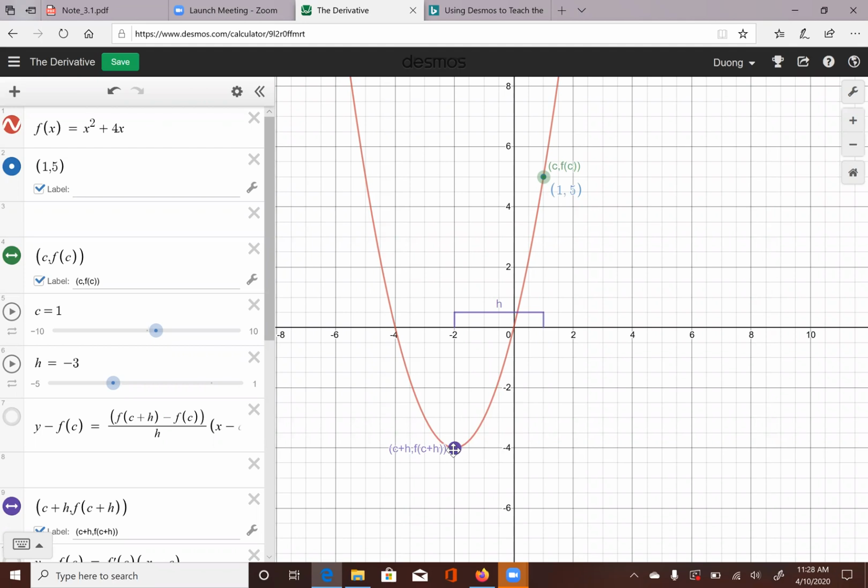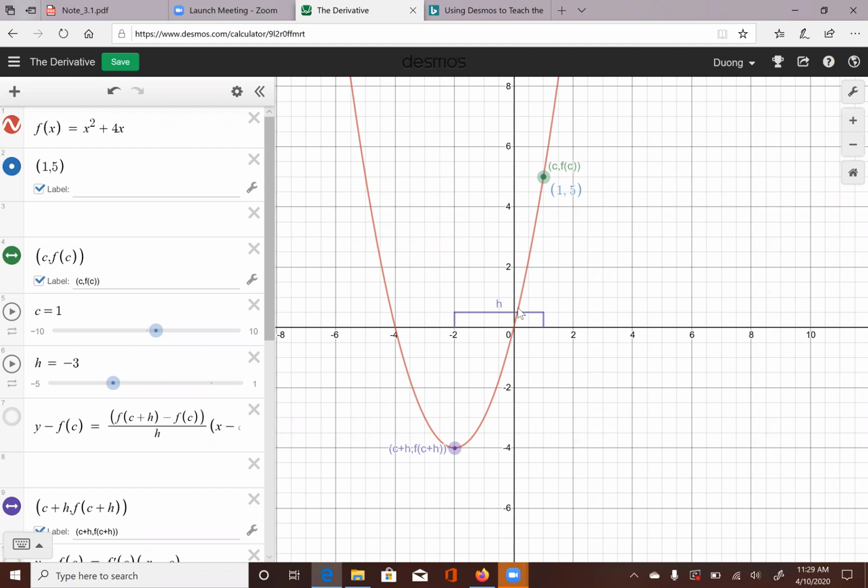As you can see, the distance between the two x values of these two points is h. So h tells you the difference between the x value of the first point and the x value of the second point. In our lectures, we use delta x in place of h here.